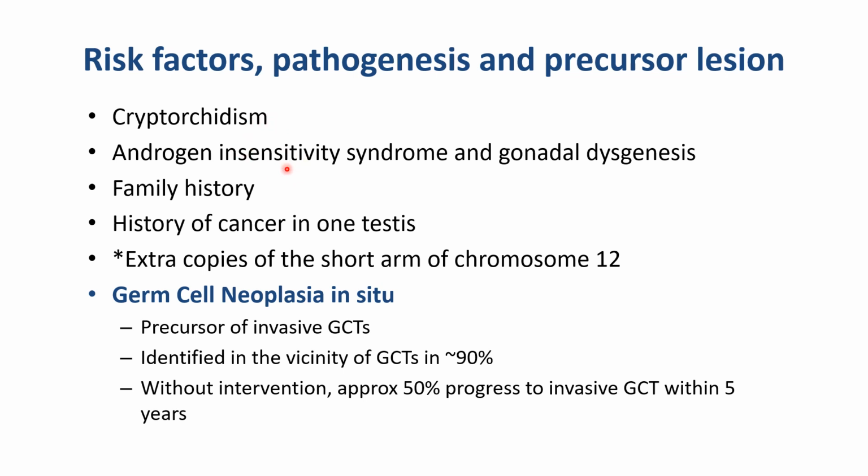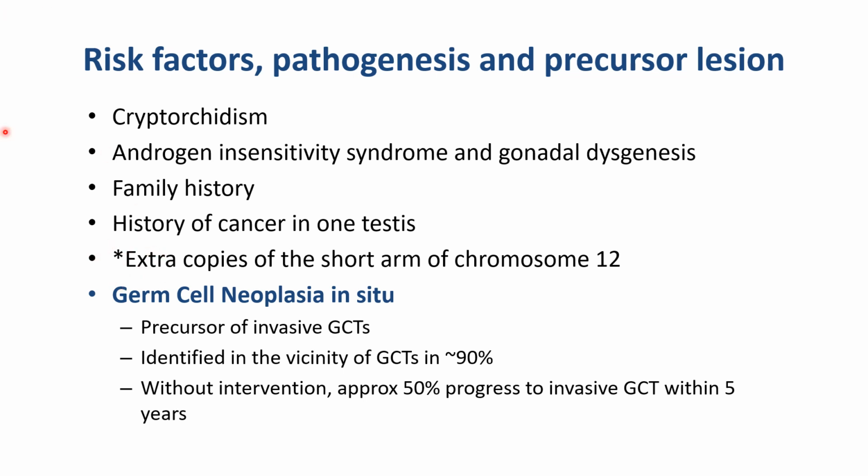There are other associations, okay, such as with androgen insensitivity syndrome and gonadal dysgenesis. There's also a risk associated with a positive family history. A history of cancer in one testis will definitely increase the risk of developing cancer in the other testis.